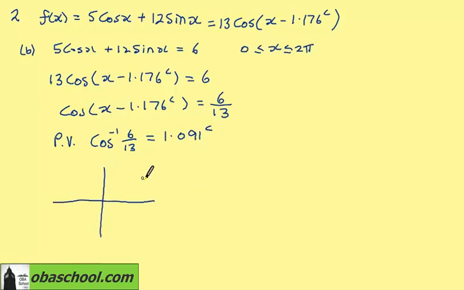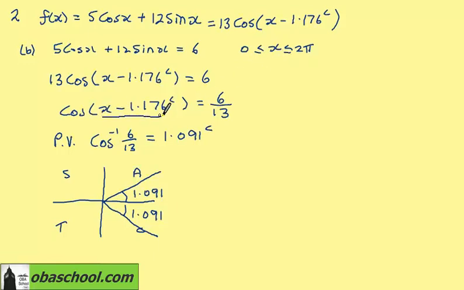If I look at this on a CAST diagram, the principal value is just here, where this angle is 1.091, and the secondary value, with a cosine which is positive, must be in the C quadrant. By symmetry, this is 1.091 as well.